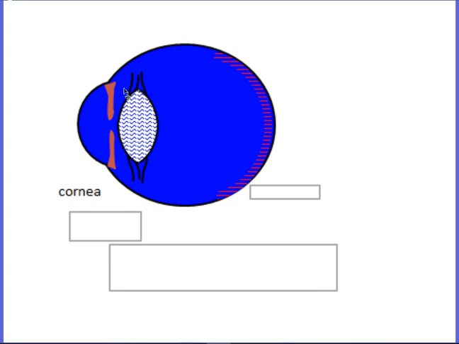Back behind the cornea is an opaque curtain that stops the light. There's a hole in the curtain, so involuntarily there is control over how much light goes into the interior of the eye. The curtain is called an iris, that's the colored part of your eye, and the hole is called the pupil.